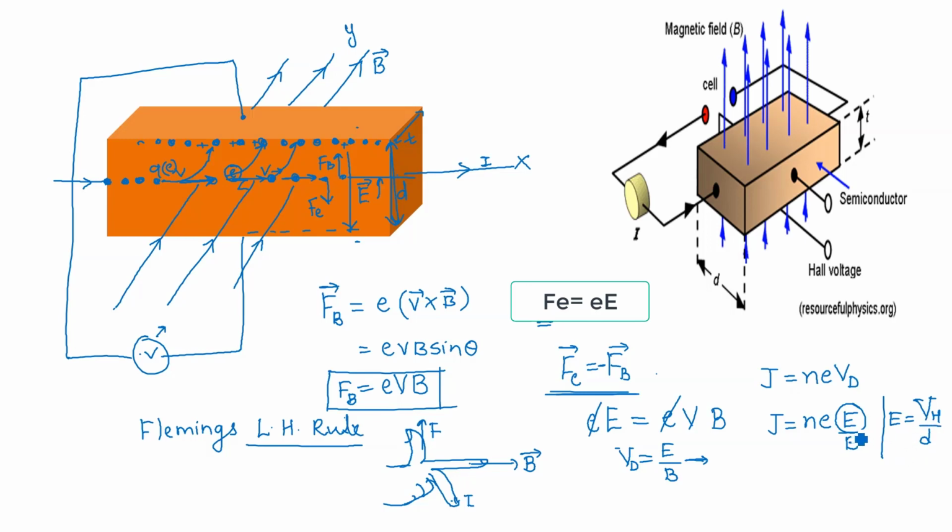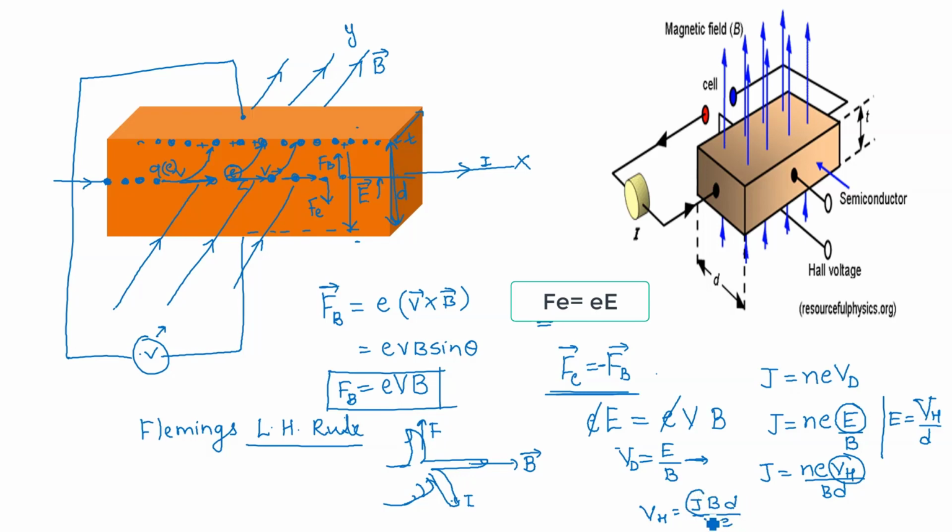If I put this value over here, I get J is equal to n e V_H upon B d. So by this equation I can write V_H, the Hall potential, is equal to J B d upon n e.